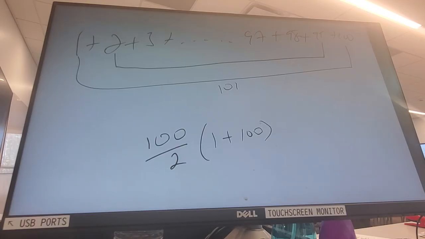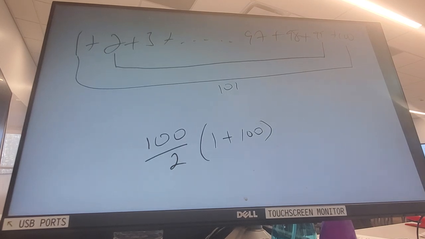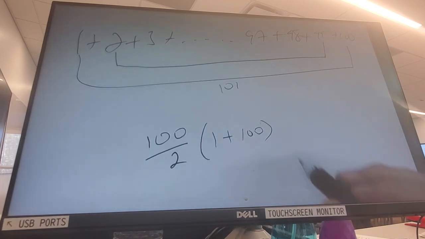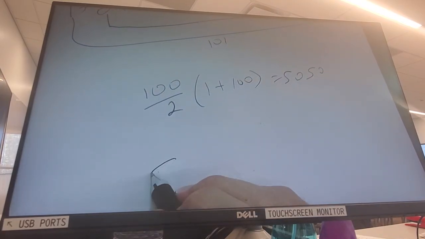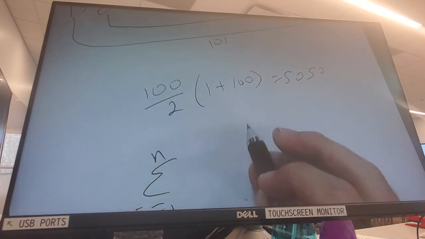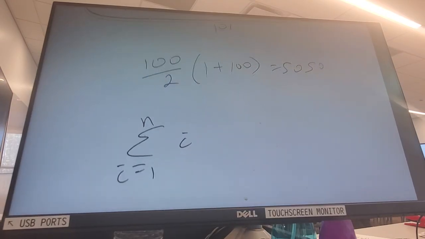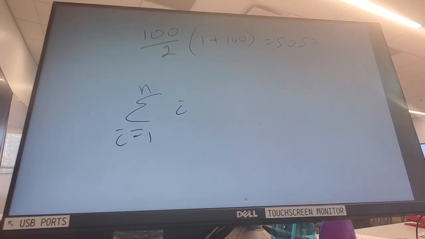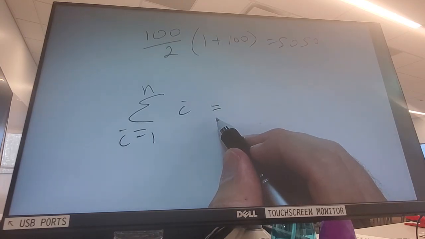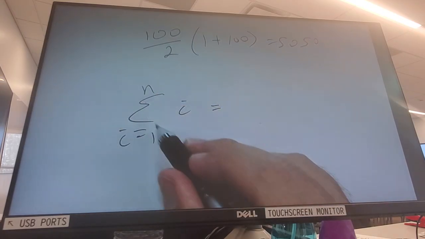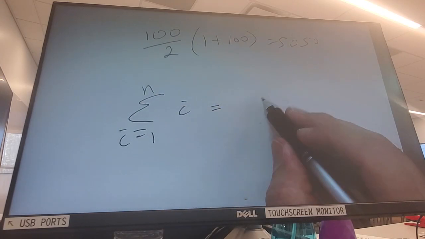I love it. Okay, so in general, what we discussed is if I want to add up from 1 to n, this would be how many there are. How many terms would there be in this list? n.